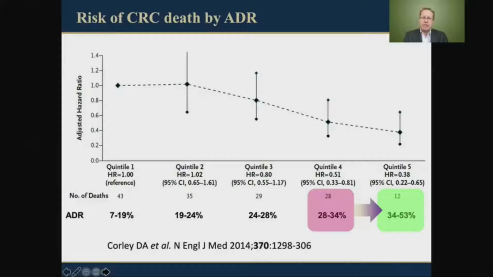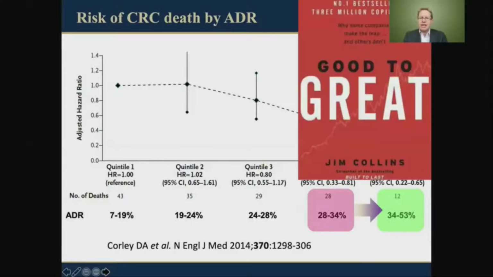So many of you in the audience will be maybe in quintile 4 here, and thinking, how can I go to quintile 5? Essentially, we're saying, can you go from good to great? And I would ask you, rather than thinking about this small improvement in the risk of post-colonoscopy colorectal cancer death, this talk is not really for you, or at least not for you personally.